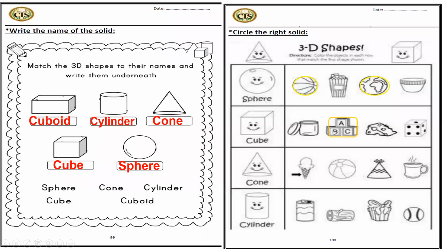It looks like this toy and this dice. Then cone, like the ice cream and the party hat. The last one, cylinder, like the cans and this part of the tree.